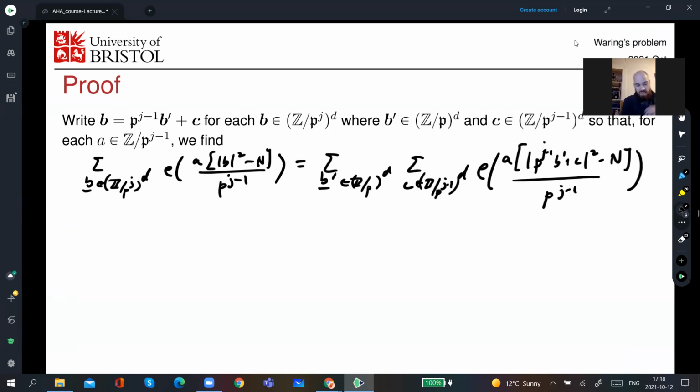When we do this, we see that these terms, which have the factor of p to the j minus 1, get washed out by the denominator. And this thing is actually just equal to this, where I've deleted that linear part and I just have the remainder c. This doesn't depend on b prime anymore, but I have z mod p to the d sums that are all the same.